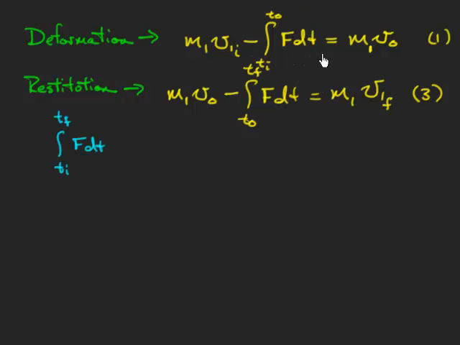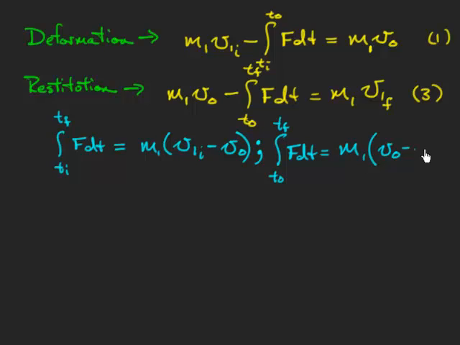If I pull out the impulse, the integral of f dt from ti to t0, and put that on one side of the equation and everything else on the other side, this becomes m1 times (v1i minus v0). Similarly, for equation 3 with the restitution impulse, we get the integral from t0 to tf of f dt equal to m1 times (v0 minus v1f).